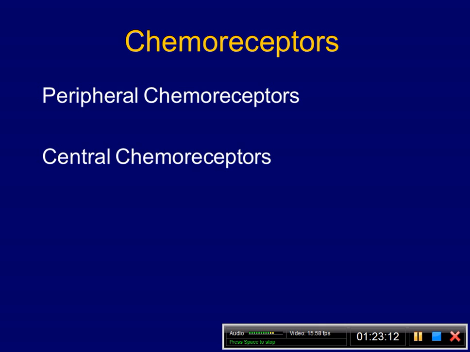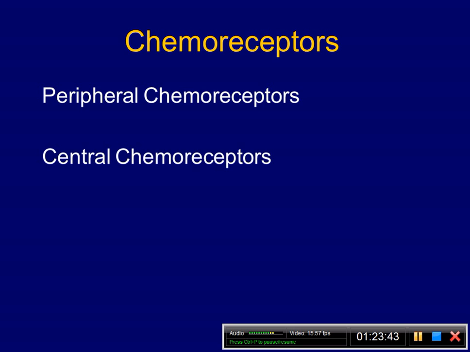Central is referring to what area, by the way? Brain, central nervous system. The central receptor, I told you, is most sensitive to what chemical that can't move across the blood-brain barrier? Acids. What's the other chemical that comes with it naturally? CO2. So the chemoreceptors in the central nervous system respond to acid primarily and CO2. Not oxygen at all. They could give a damn about oxygen. They don't care. Your brain is not very responsive to oxygen.